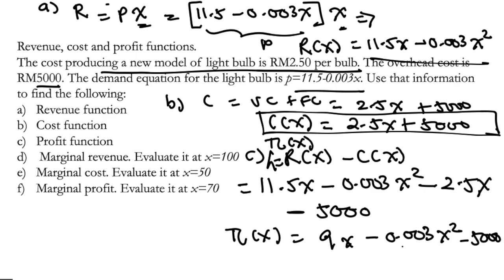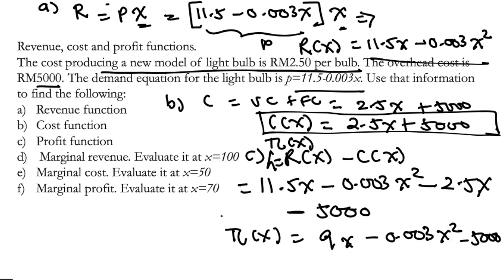You can always put minus 0.003x squared in front, but because it's a profit function, it's nice to put the positive value before the minus sign. Otherwise, it gives a signal that some people, who don't understand, may think it's a loss. You get what I mean? So I rearrange it such that the term with the highest power is in front instead. This is the profit function.